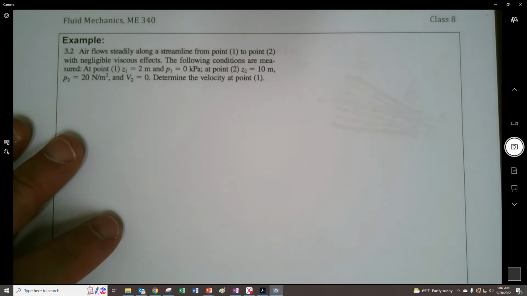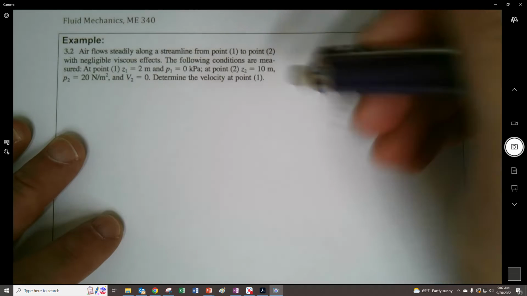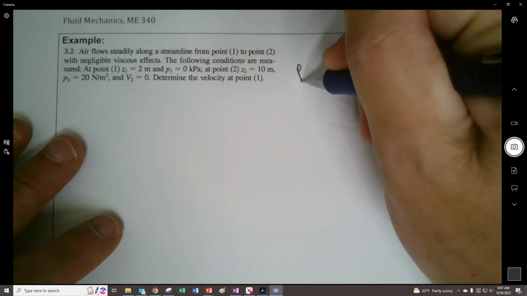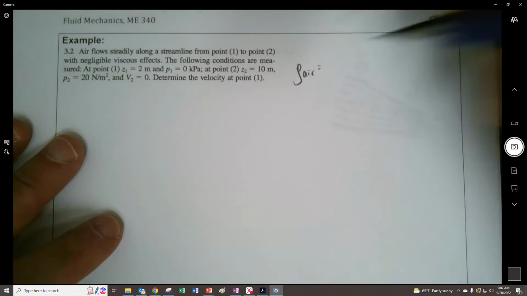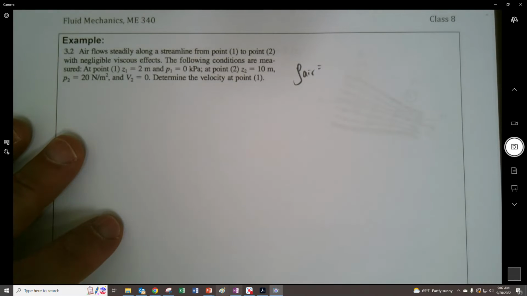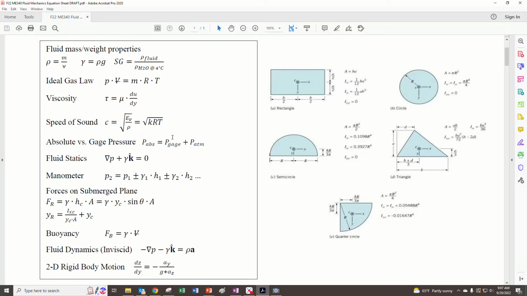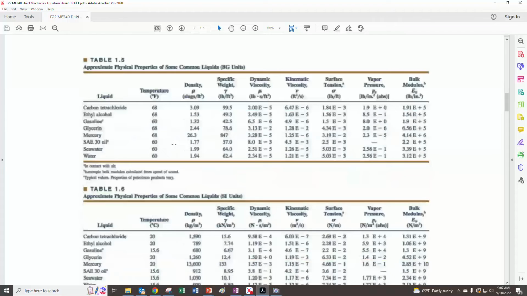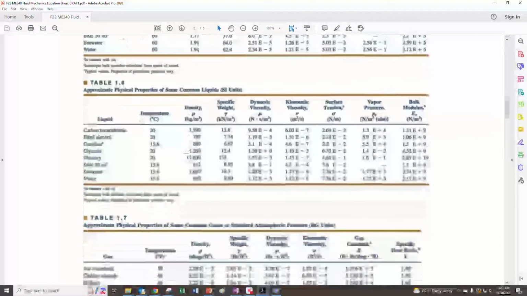So one of the first things I would do is get the density of the air. I would look at material properties, often the first thing I would do. And for us, we're going to use the equation sheet that I'm providing for exams.